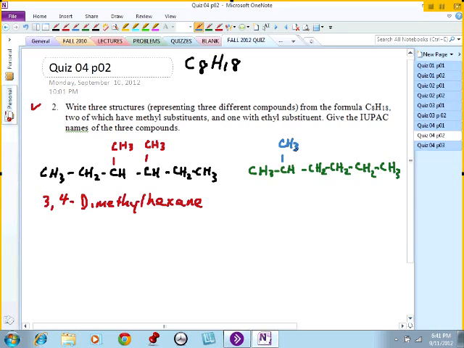The methyl is here. And then I take this out. Take another methyl here. Okay, can you give the name for that compound? What would be the name?